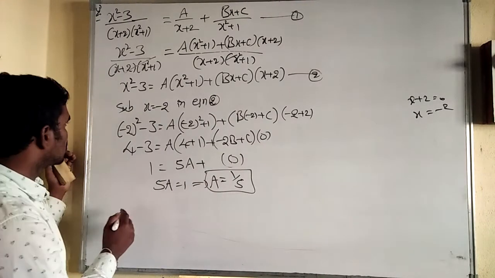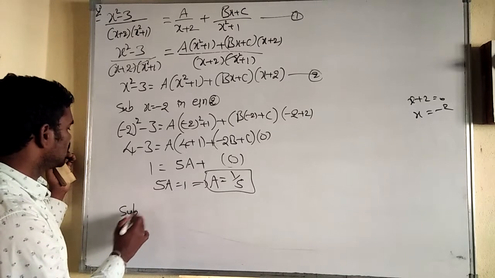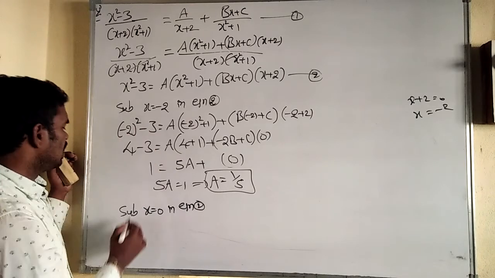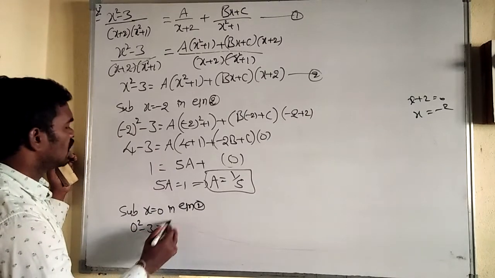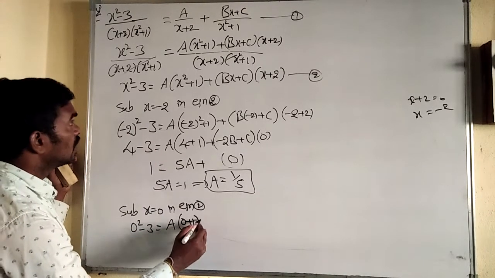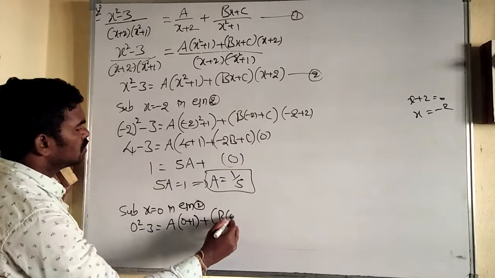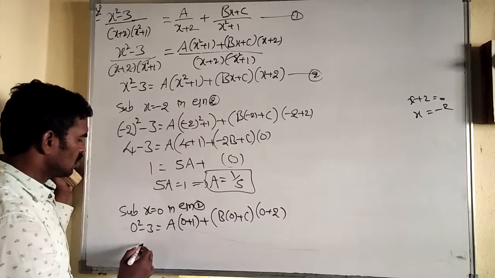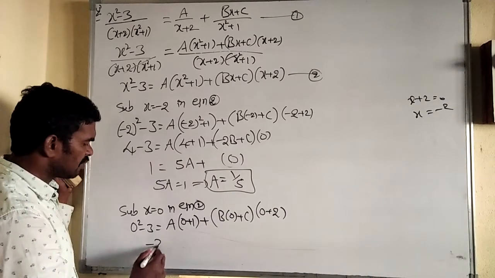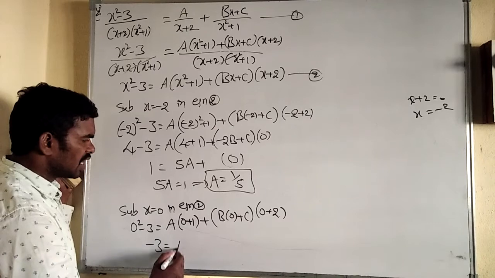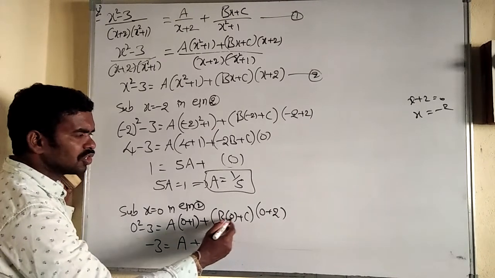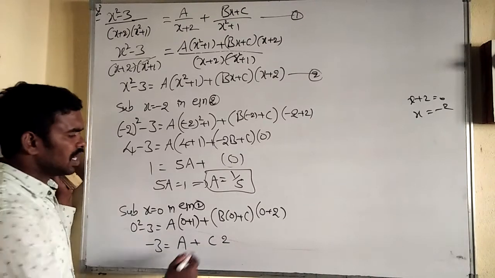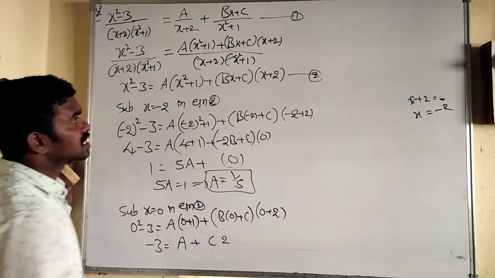So substitute x = 0 in equation 2. 0² − 3 = A(0 + 1) + b(0) + c(0 + 2). So 0² means 0, minus 3 remaining. 0 + 1 is 1, into A, plus b into 0 is 0, c is remaining. 0 + 2 is 2. Only 2c + A = −3.